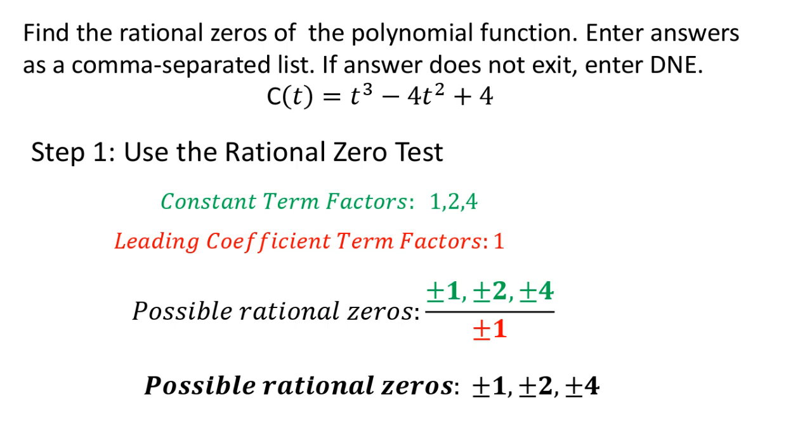So we always have plus or minus 1, plus or minus 2, and plus or minus 4, even though these numbers might appear more than once. Also, WebAssign sometimes doesn't recognize this symbol, so when they ask you to write the list, you can write them just like this. This is what they mean when they ask for a list, just writing them all individually, in case you don't have the plus or minus symbol.